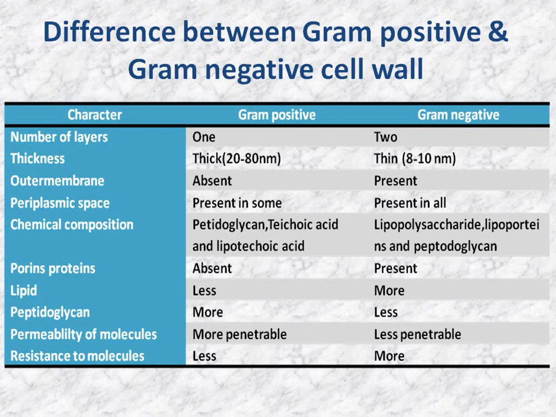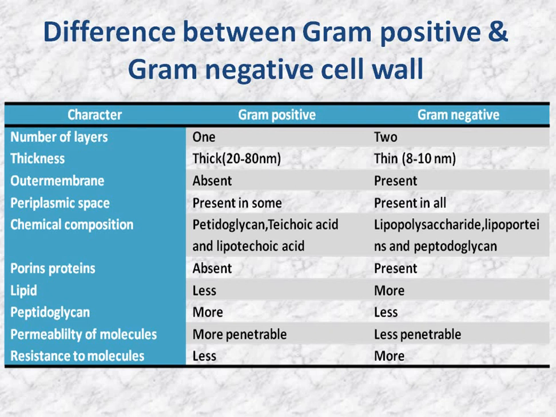So the peptidoglycan is more in gram-positive and less in gram-negative. In gram-positive bacteria, molecules can easily penetrate, as compared to gram-negative, where the membrane is not that permeable. Gram-negative bacteria are resistant to more molecules as compared to gram-positive.